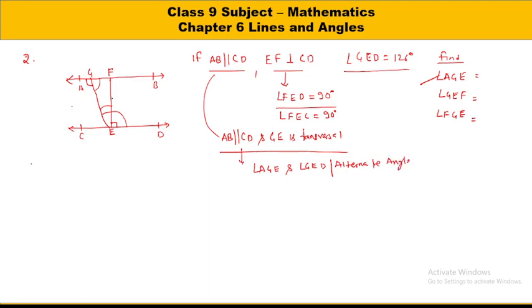These alternate angles are equal also. So I will write down AGE is equal to GED. As GED is given as 126 degrees, it means that angle AGE will also be 126 degrees.